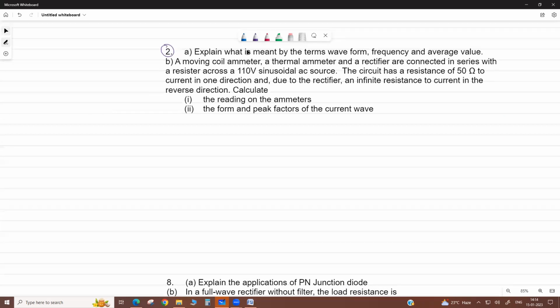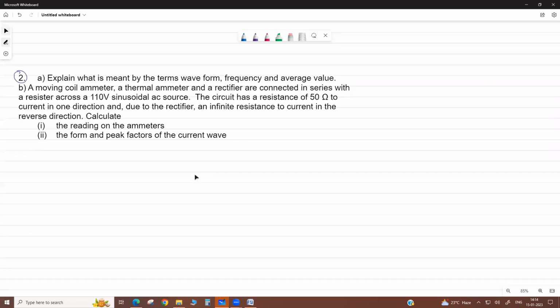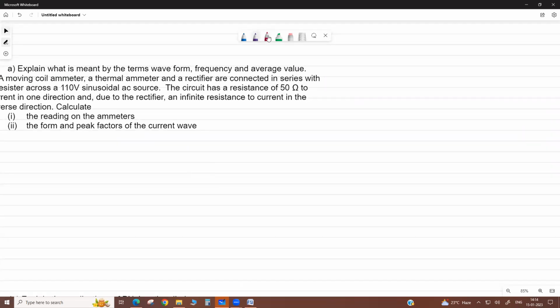So this question: explain what is meant by the terms waveform, frequency and average value. When we compare AC and DC, with respect to time, the voltage or current of DC is constant.